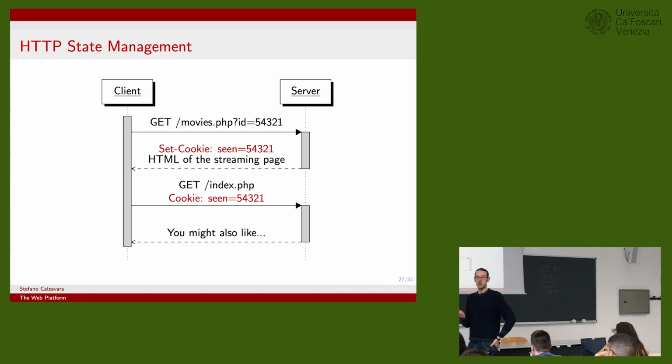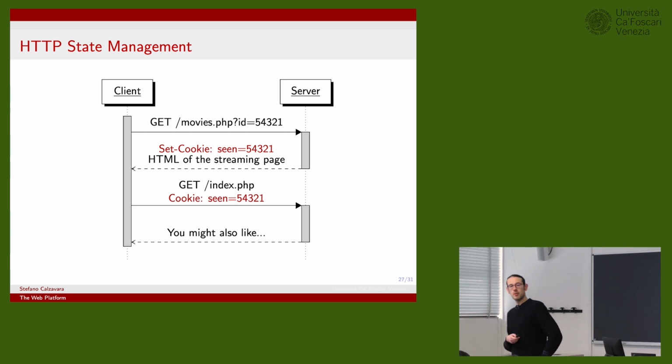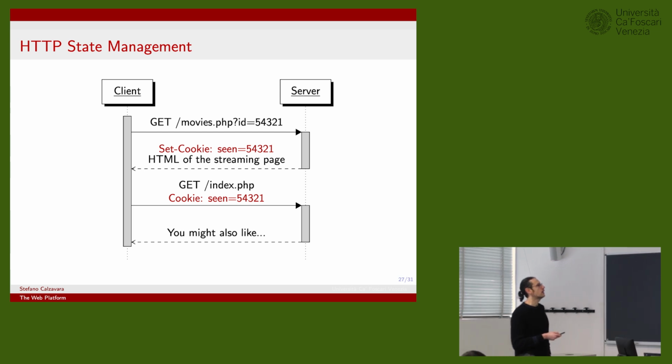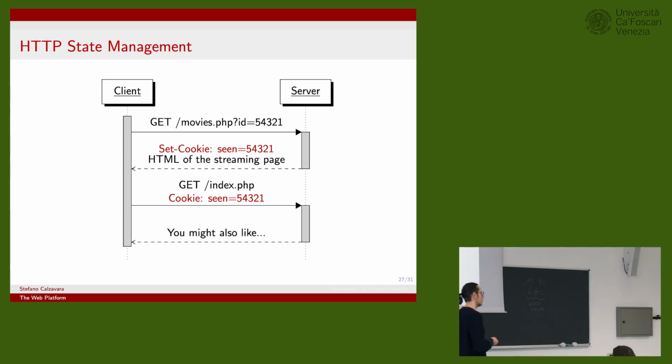Cookies give you a lot of freedom, and we're going to discuss all the bugs which come out of this freedom. But in this case, I will provide you with a list of the seen movies using the Set-Cookie header, and the next request automatically attaches the cookie using the Cookie header. And now the server, just by processing this request with no memory, has enough context to access all the movies that you watched back then and provide, for example, a personalized user experience.